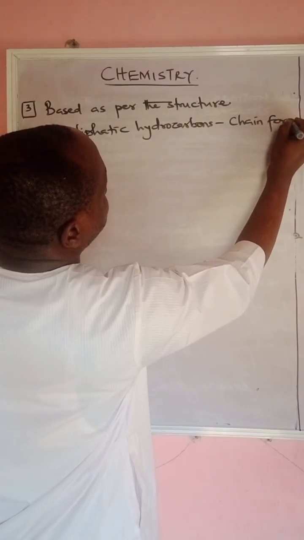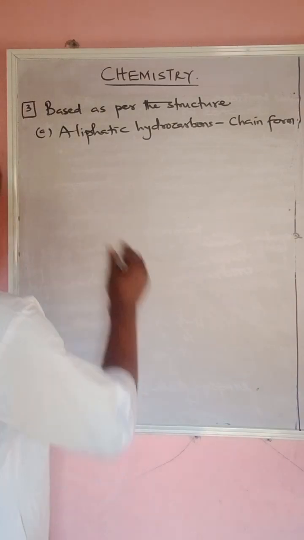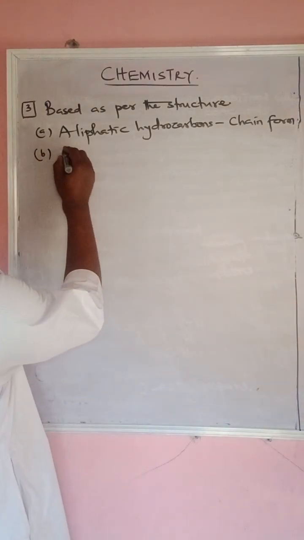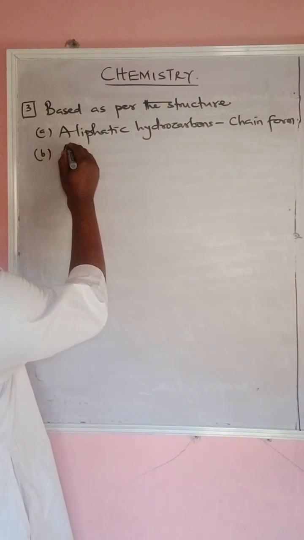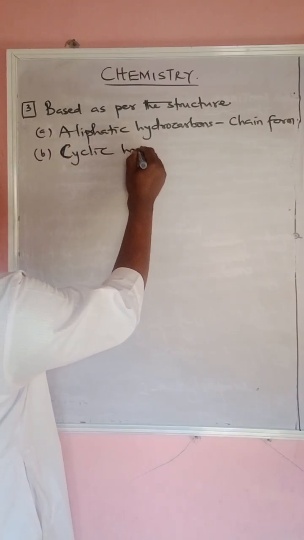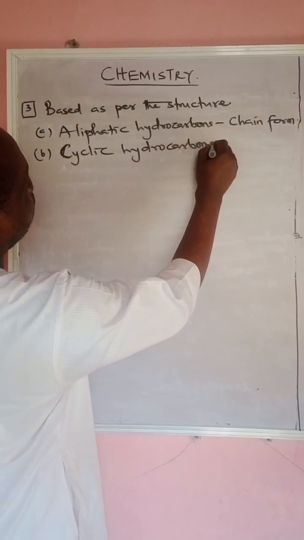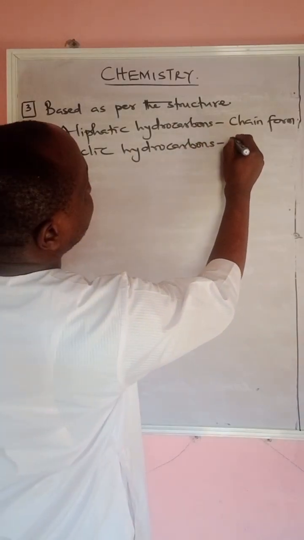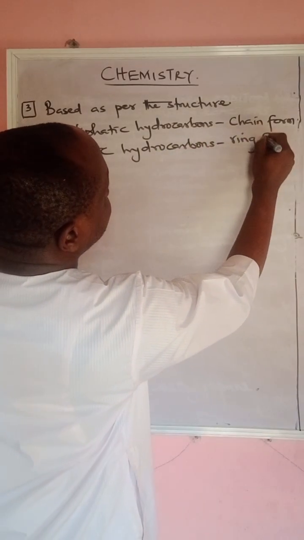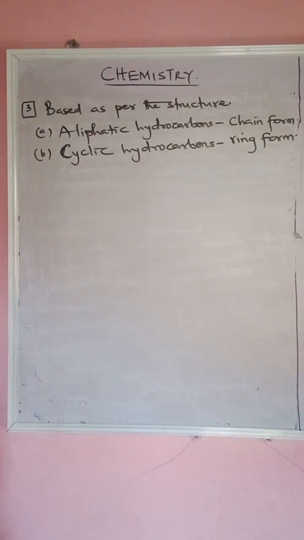It could be branched, it could be straight. B, we have cyclic hydrocarbons: hydrocarbons arranged in ring form. They are called cyclic hydrocarbons.